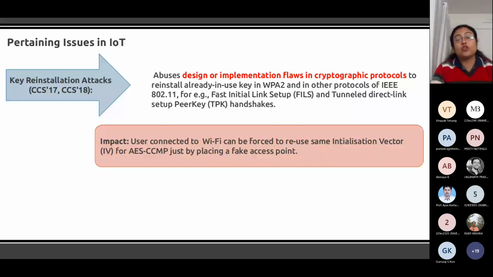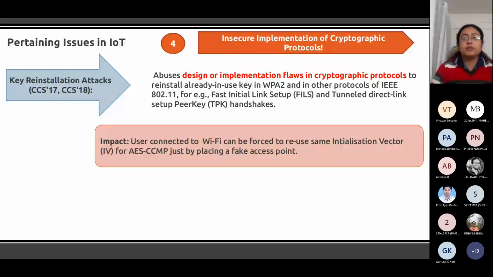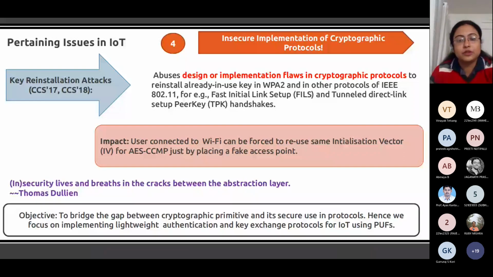The protocol was not supposed to be implemented this way, but it was happening. So an insecure implementation of a cryptographic protocol can break your system without even touching any cryptographic algorithm. That's the difference between protocol and algorithm. Insecurity lives and breathes in the cracks between the abstraction layers, a famous quote by Thomas Julian.